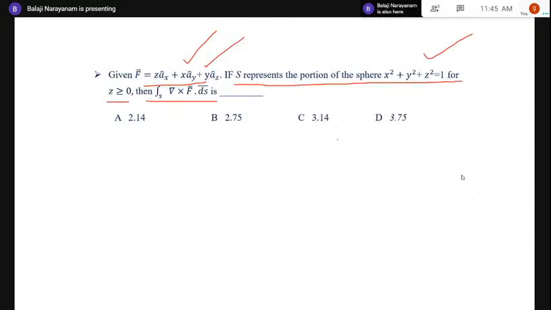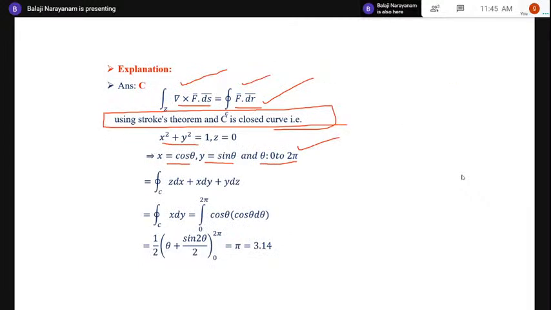So what is to be done is F dot dl, which is going to result in what value?